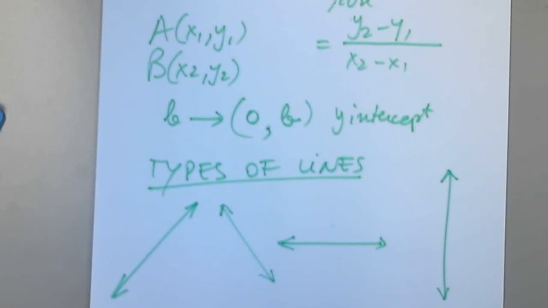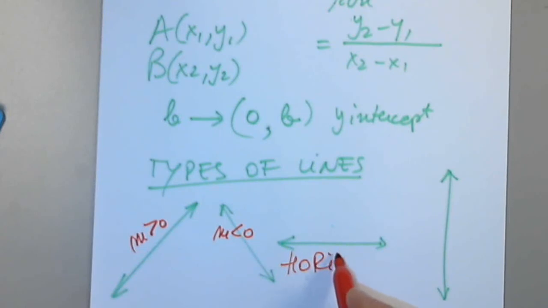We have 4 different types. Is this one a positive trend or a negative trend? Positive, which means the slope is positive. What about the next one? What type of trend is this? Negative, so what about its slope? What about this? What type of line is this?